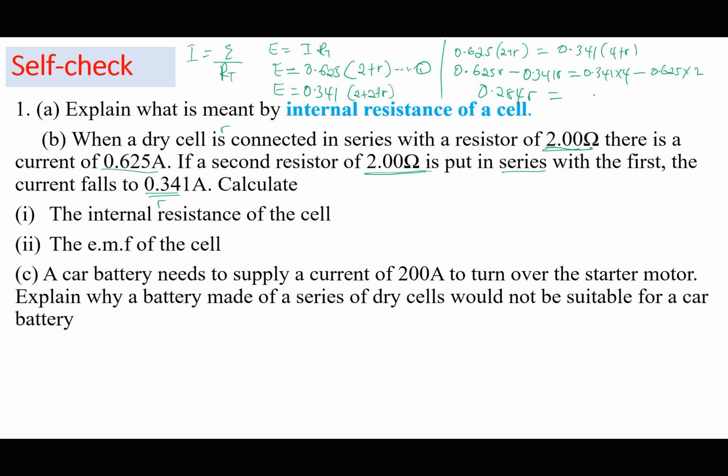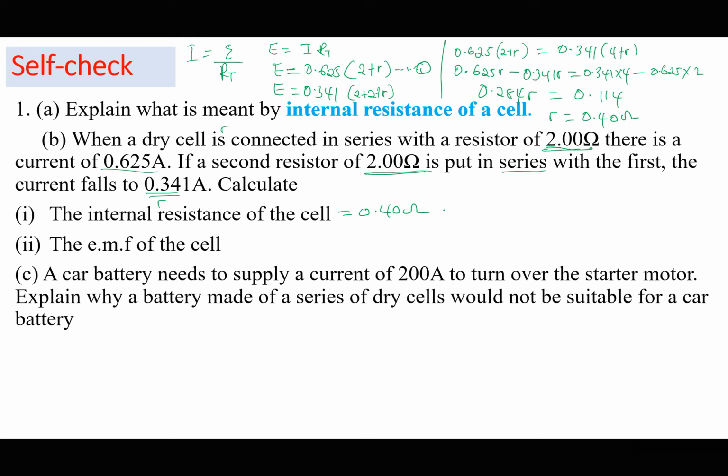0.341 times 4 minus 0.625 times 2. On the right hand side I have 0.114. Then I will divide by 0.284. So r is going to be equal to 0.40 ohms. So the internal resistance is going to be 0.40 ohms. That is just algebra.